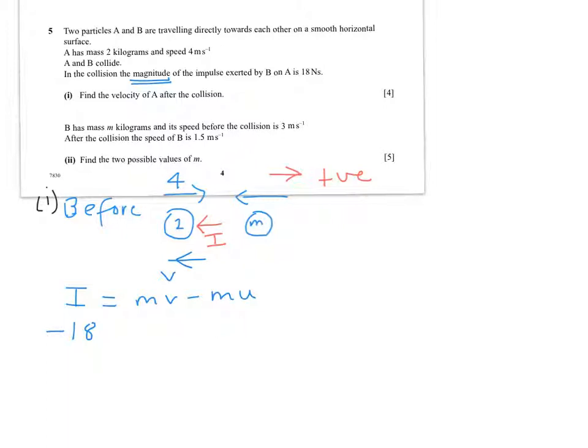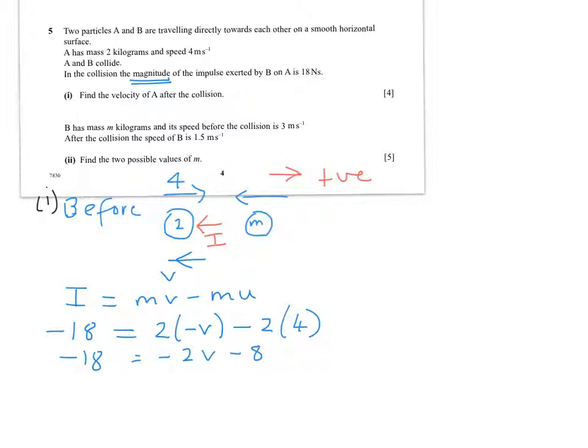So minus 18 is equal to the mass, which is 2, times the velocity, which will be negative v. So our positive direction's to the right, and we're taking away the mass, 2 times the initial velocity, which is a plus 4. So we get negative 18 is equal to negative 2v minus 8.